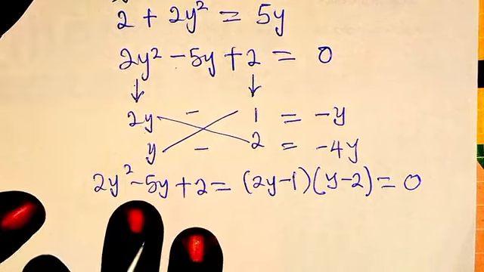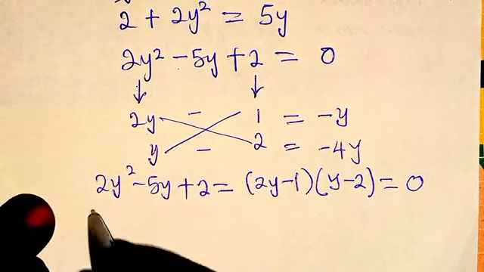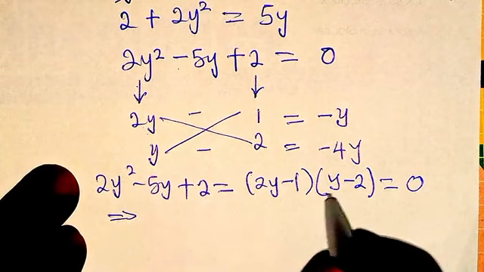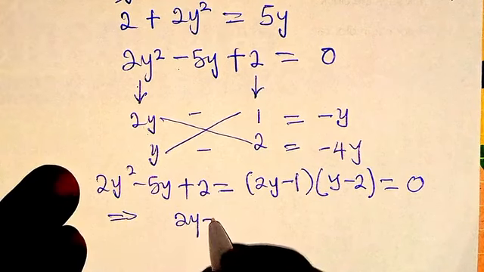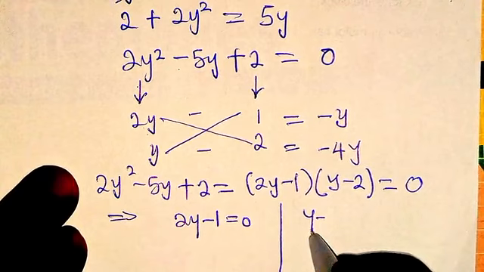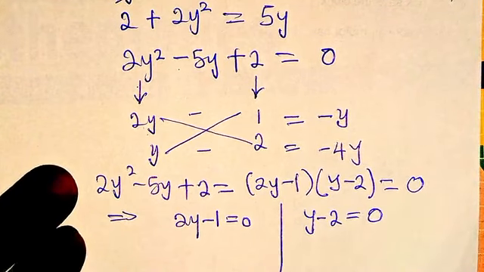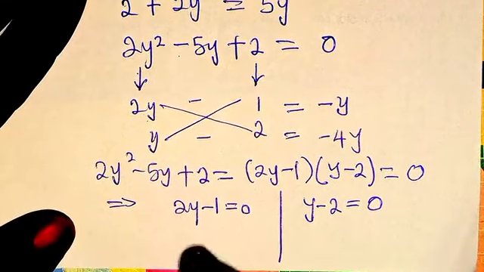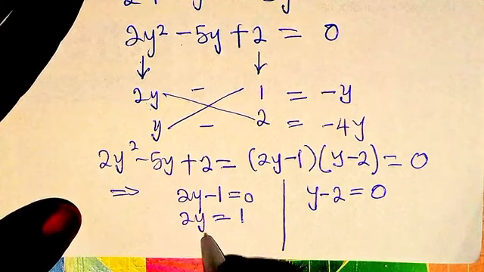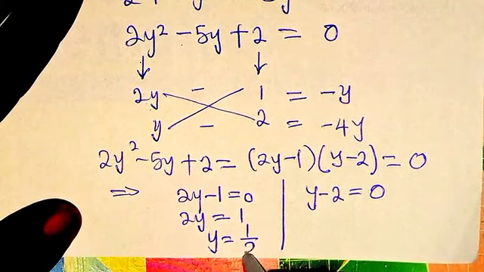So now this implies, this is the zero form of the equation, we have 2y minus 1 equals 0, or y minus 2 equals 0. Are you following? So from there, we have 2y equals 1, then divide both sides by 2, y is going to be 1 over 2.